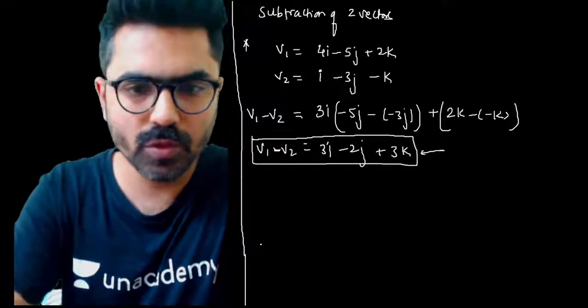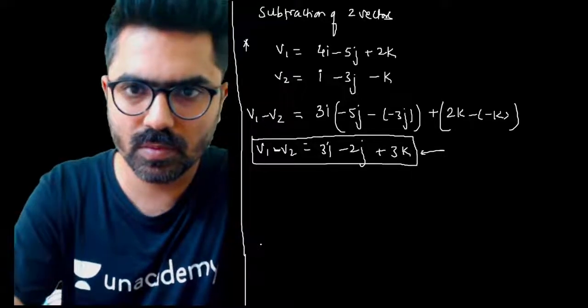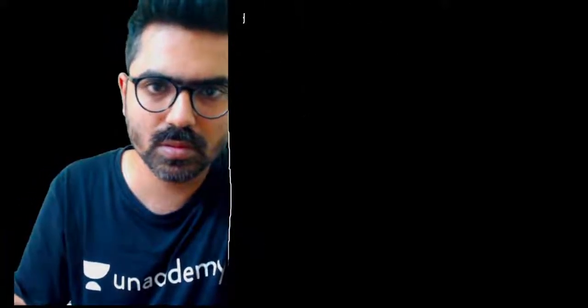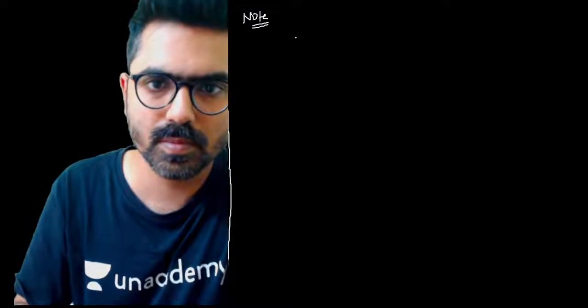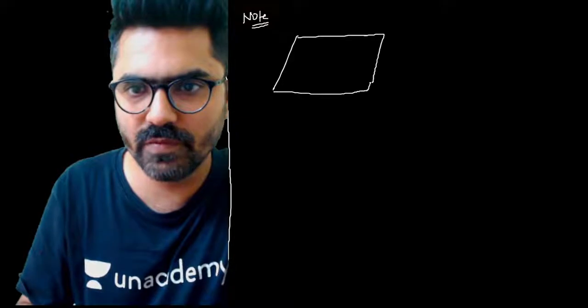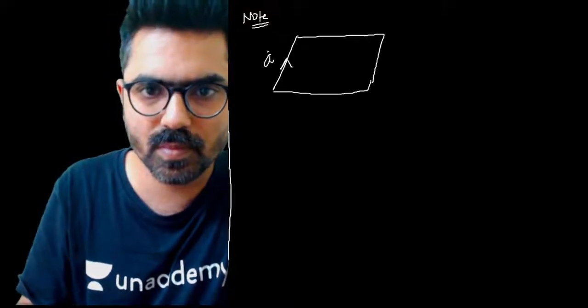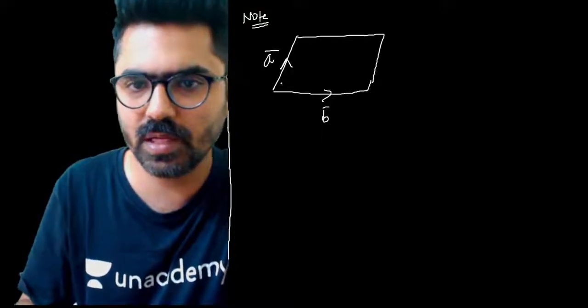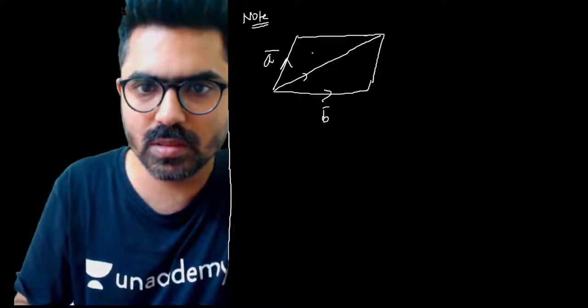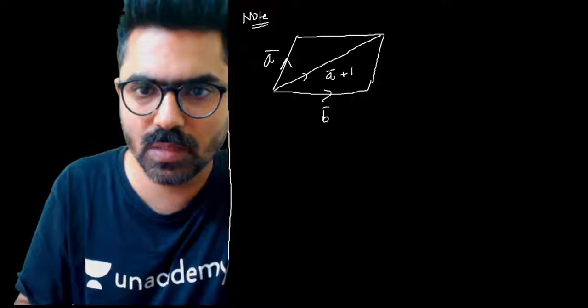Now where exactly are we going to use this? Before an application, we'll just understand the concept of a parallelogram when two adjacent sides are given. I want everyone to note this. In a parallelogram with the two given vectors a and b, the diagonal generated from the two vectors is a plus b vector.